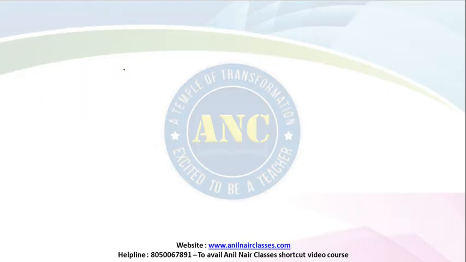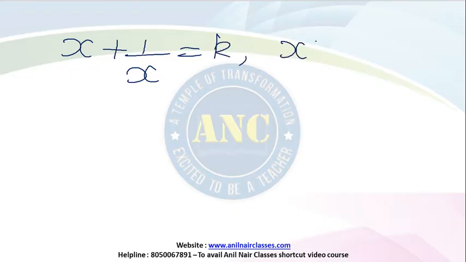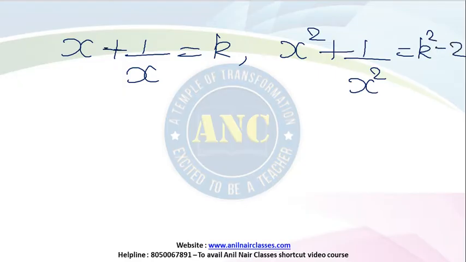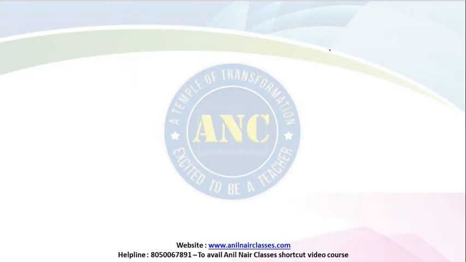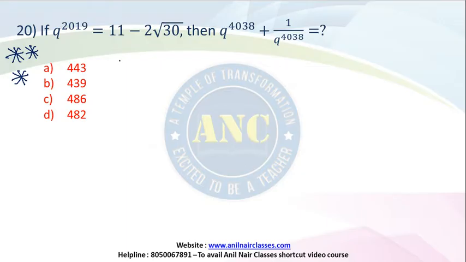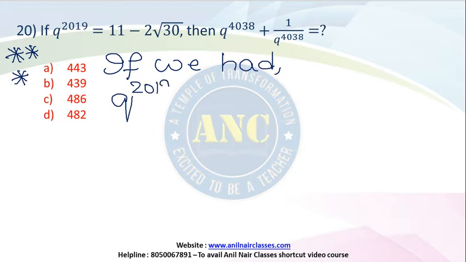Please remember the logic we have learnt: if x plus 1 by x is equal to a constant k, then x square plus 1 by x square is k square minus 2. That means the reciprocal should be added in the given condition, and in the asked condition also. Suppose we had q power 2019 plus 1 by q power 2019 given as something.